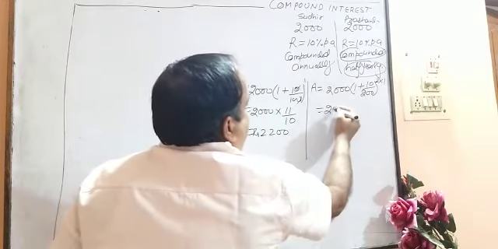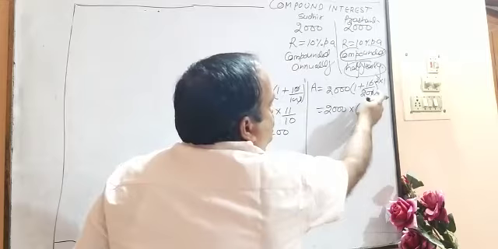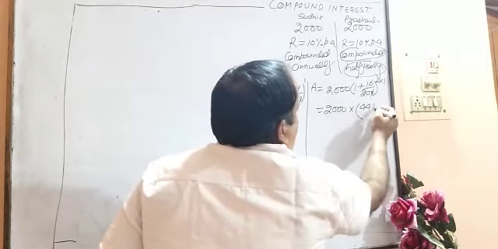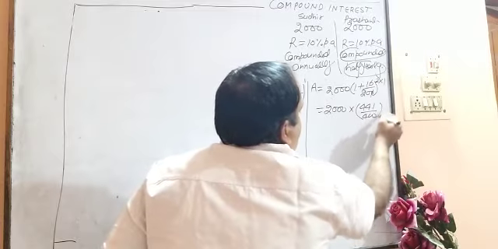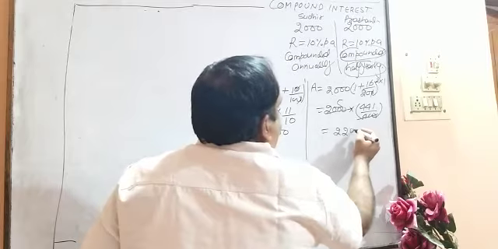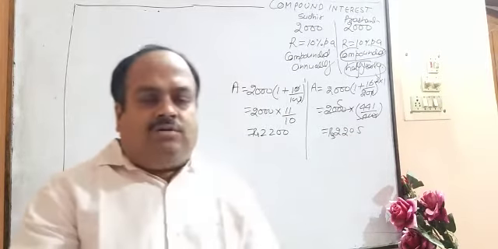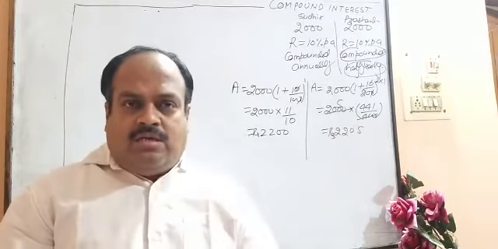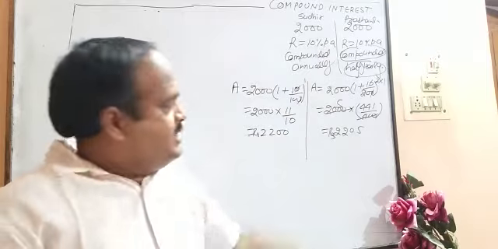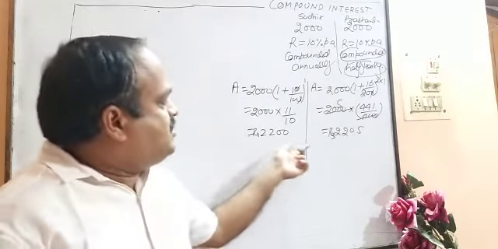So 2000 into 21 by 20 to the power 2, 441 by 400, which comes as 2205 rupees. So the amount received by Prashant is 2205. The amount received by Sudhir is 2200.